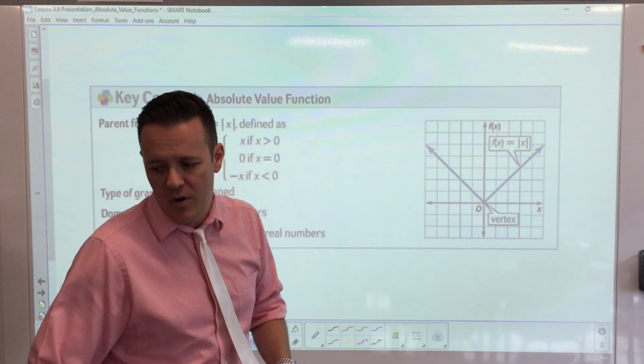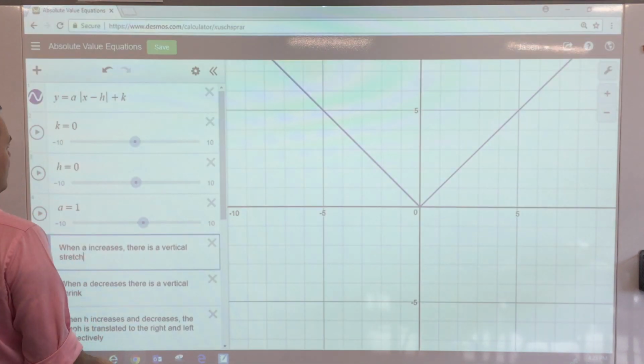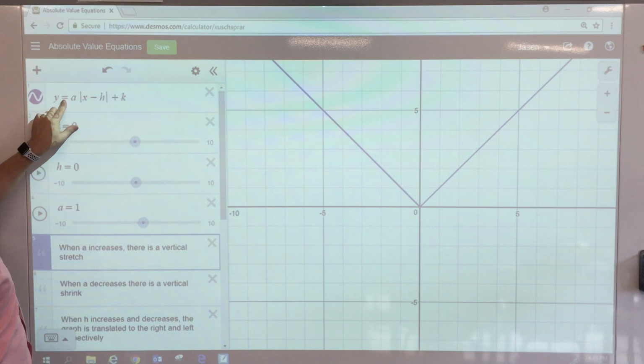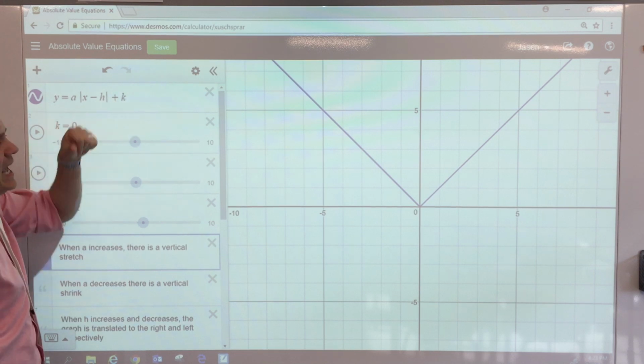On the top of page 205, you will see an example that I want to make sure you are fully aware of. It talks about y equals the absolute value of x minus h, plus k.